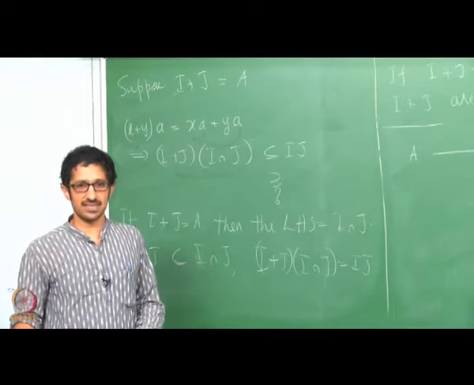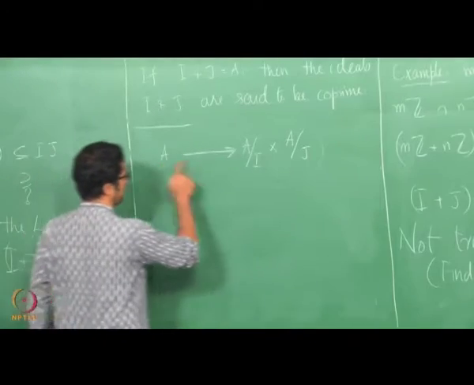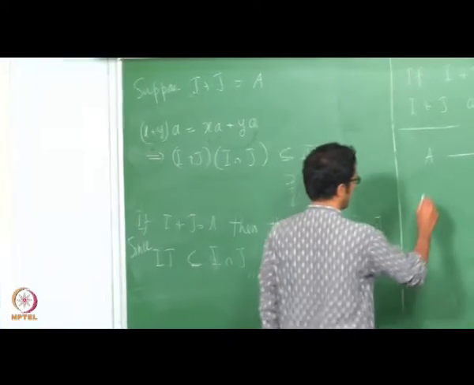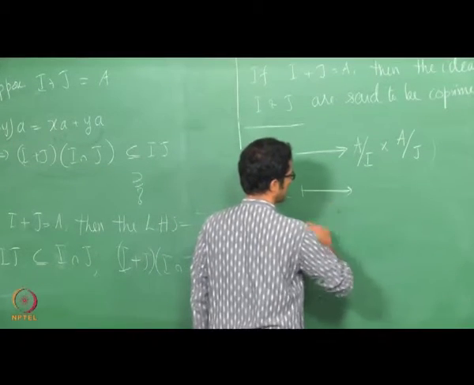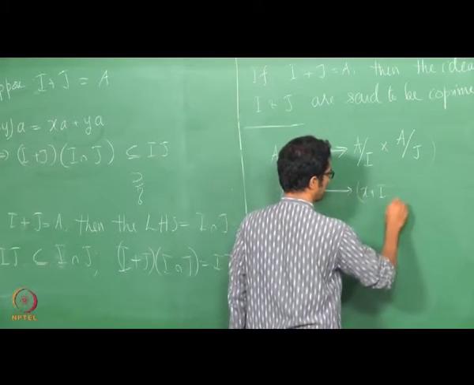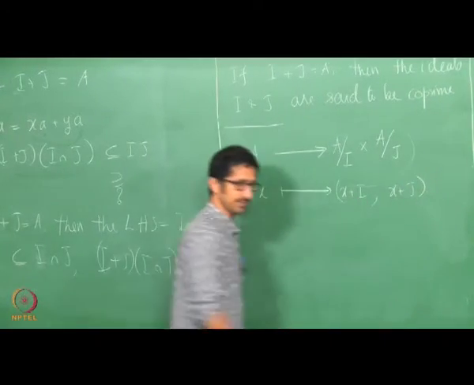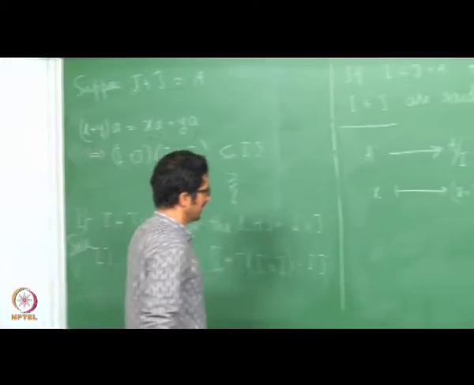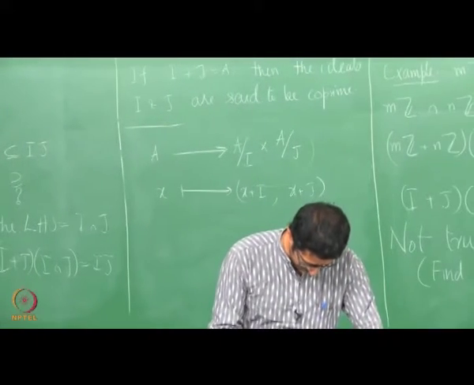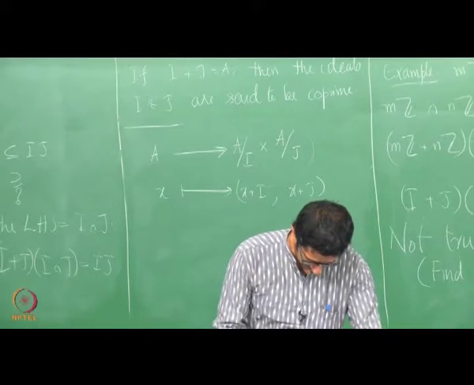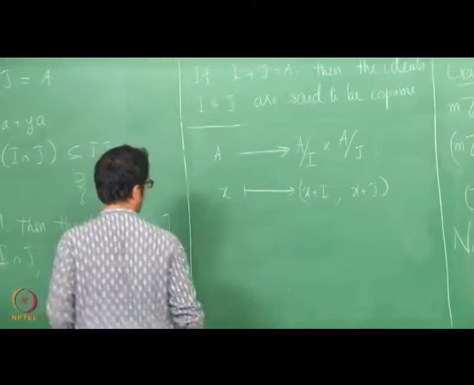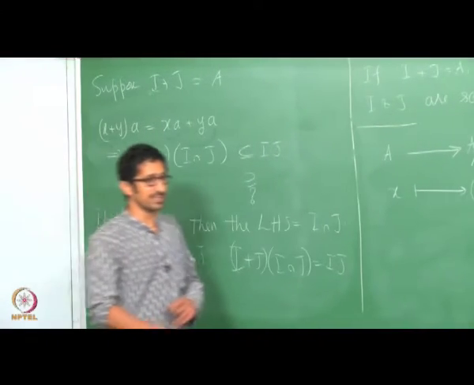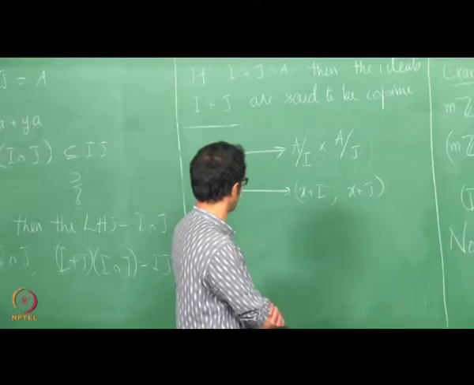There is a natural map from A to A mod I, and A to A mod j there is a natural map. Now, there is a natural map from A to A mod I cross A mod j, where any element x is mapped to x plus I, x plus j. Once you have such a map, you start asking questions, right?